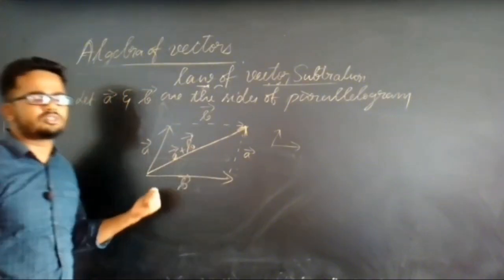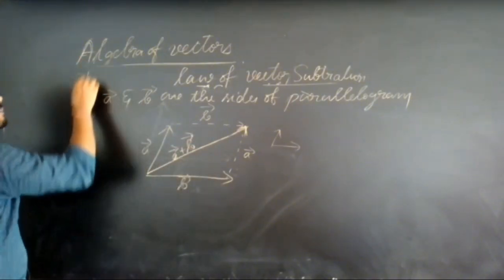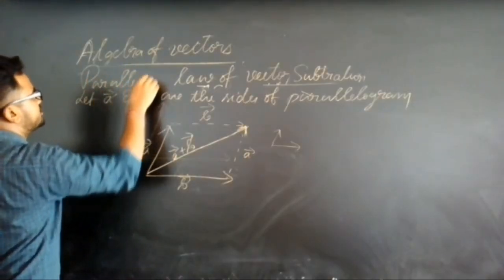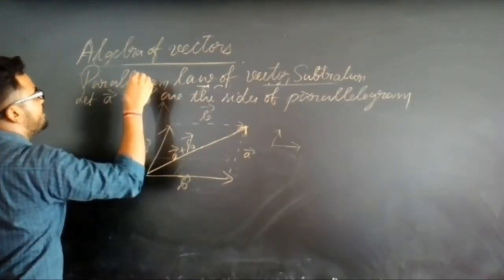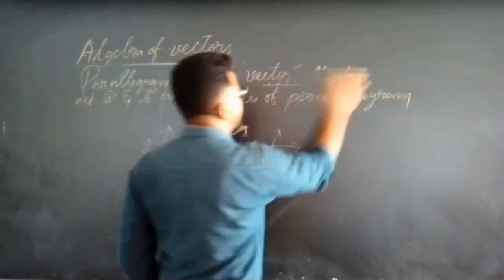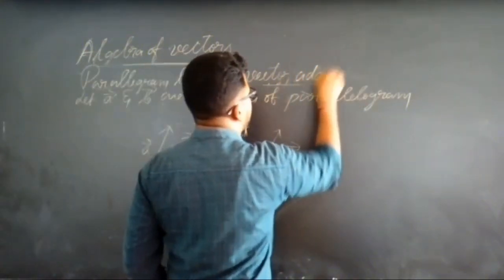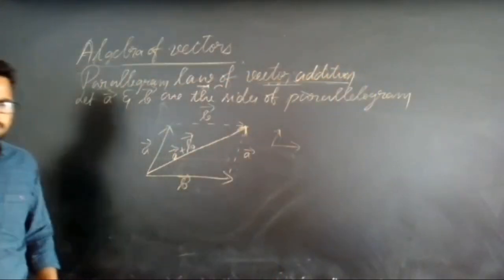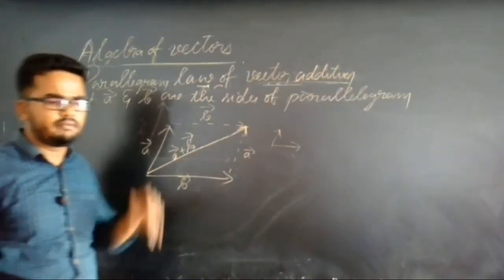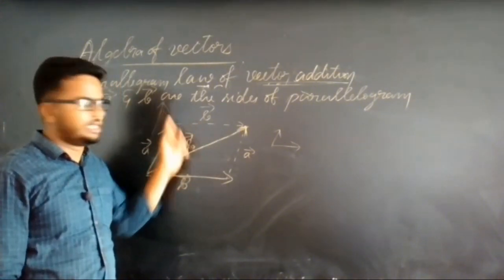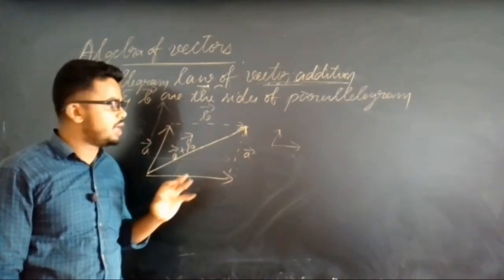Understand this? The resultant will be formed on the diagonal. First we learned the triangular law, and this is the parallelogram law of addition. We call this the parallelogram law of addition. I think this is clear to you.